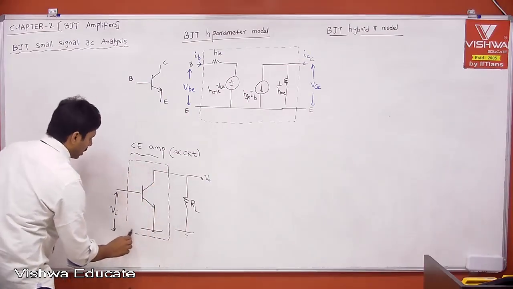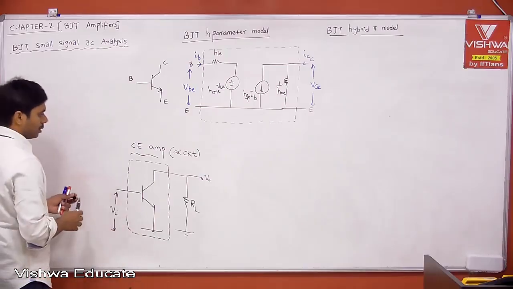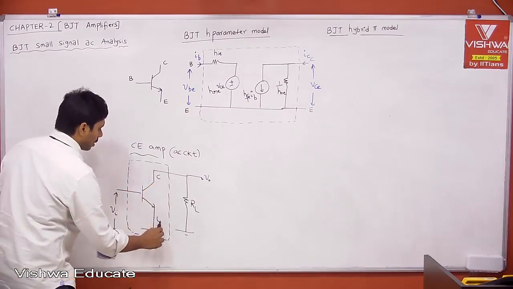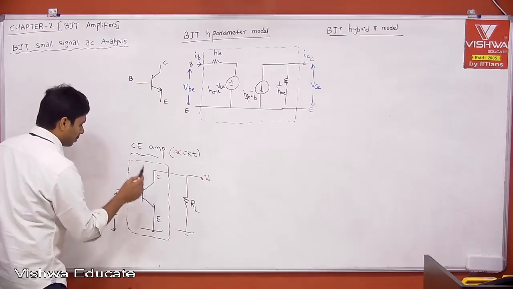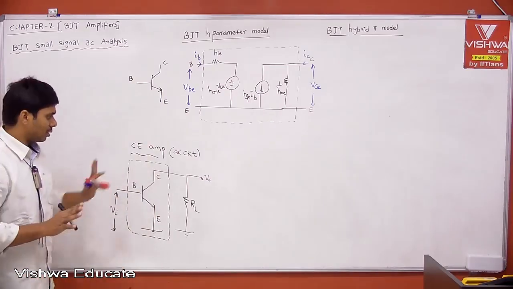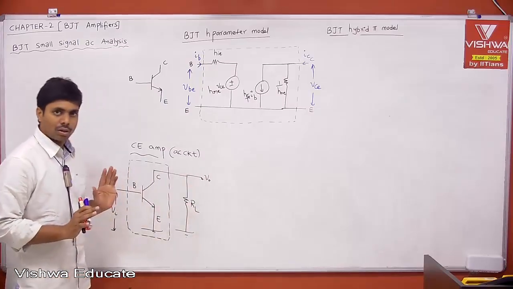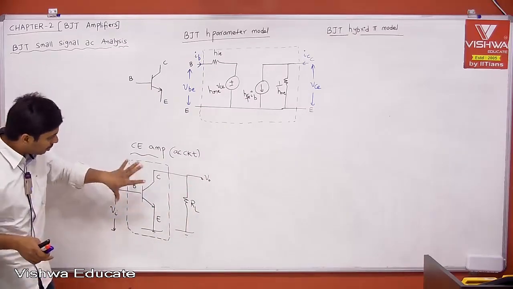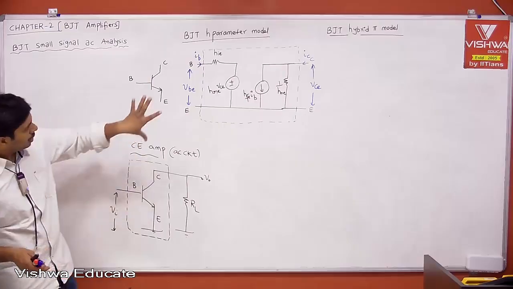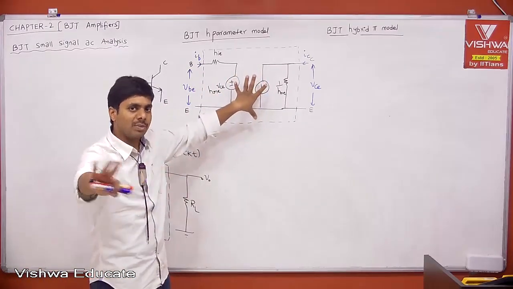Now this is the black box, the BJT, with collector, emitter and base. Only the AC circuit. Input is applied and output is taken from the load. Now this black box can be replaced with the H parameter model, which we already did, and we calculated all AC parameters.